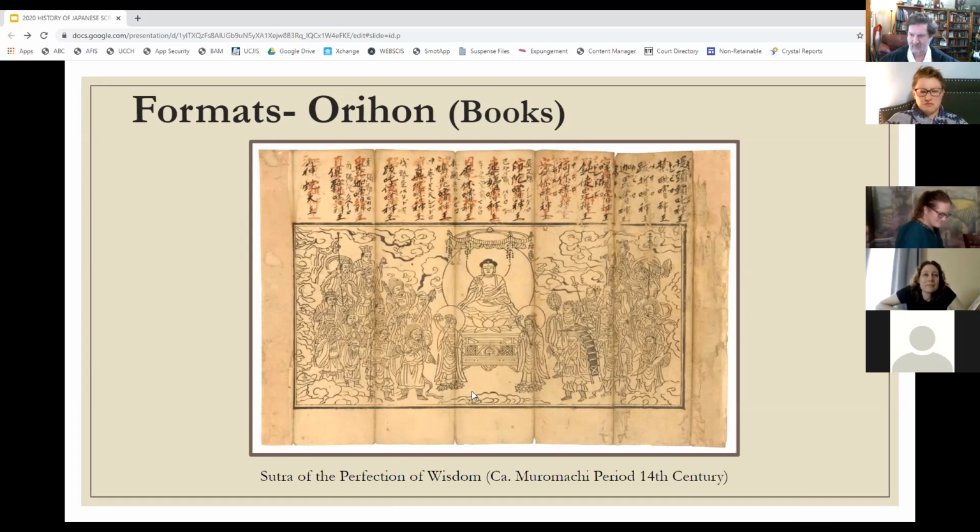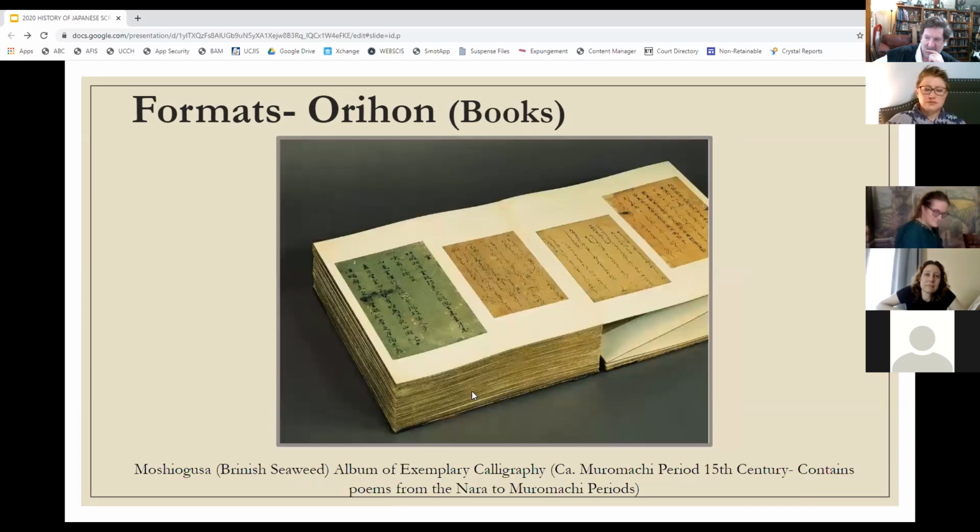But we have block prints going back to the 8th century in China that were used in Japan. And a lot of times the block prints were kept by specific temples and were blessed there, and once they got worn down so far. Very interesting. But a lot of these were colored by hand by the monks.